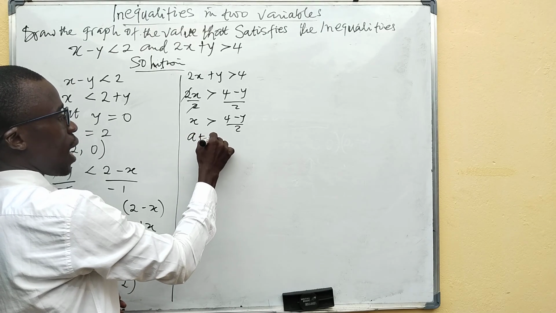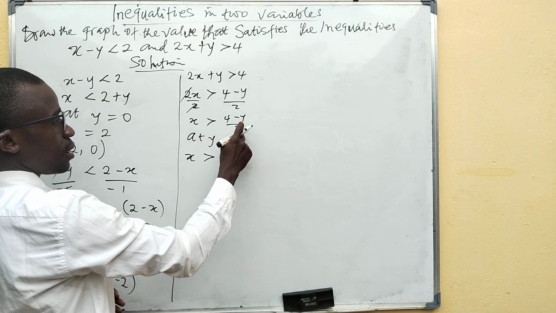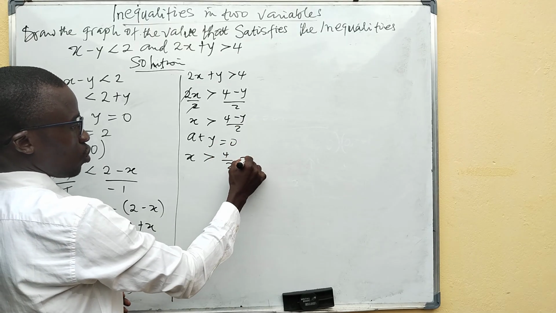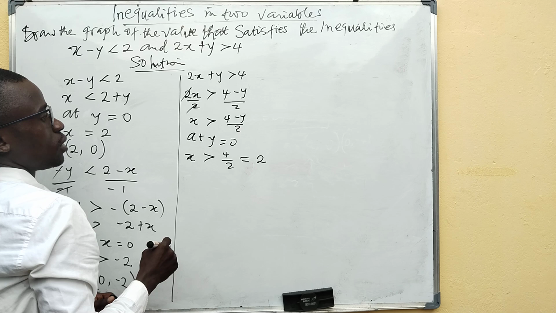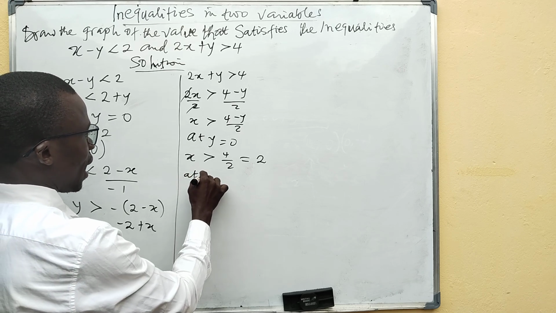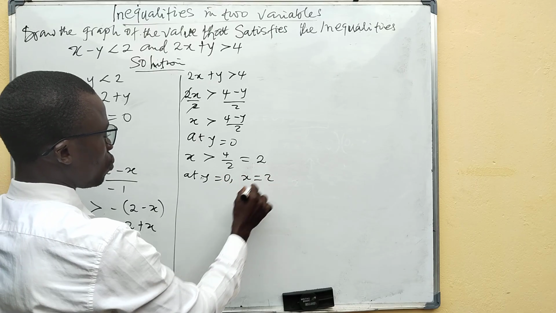So at y equals 0, x will be greater than 4 over 2, which is 2. Therefore, at y equals 0, x is equal to 2.